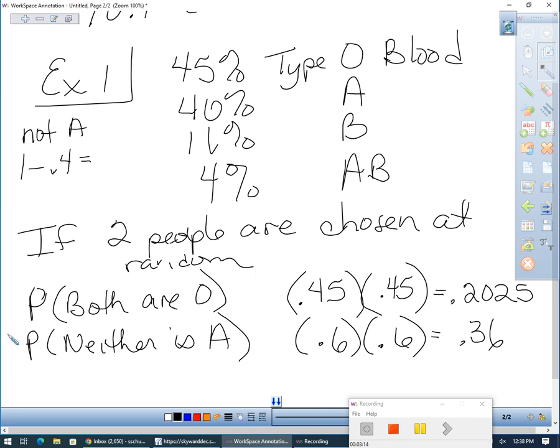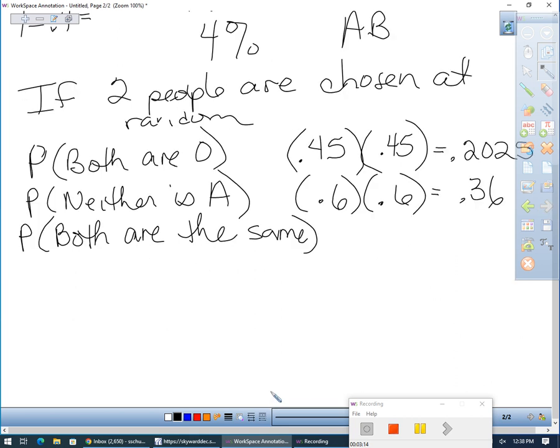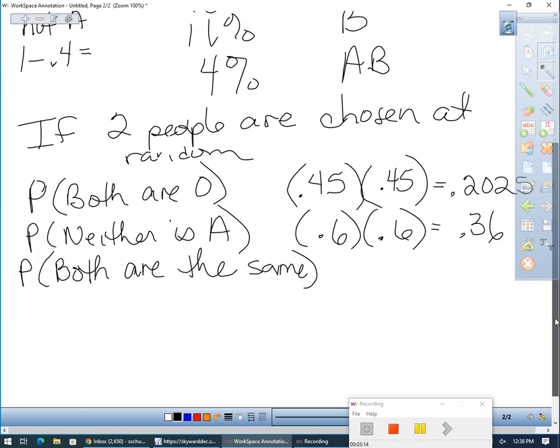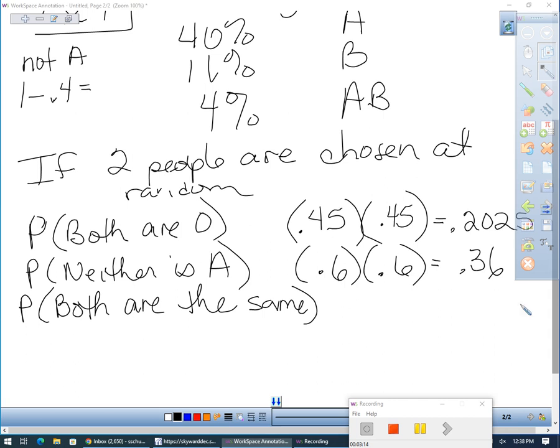Here's one I'm going to make a little bit tougher. What is the probability that both are the same? How do you think we can calculate that both are the same? Maybe they both are O, or they're both A, or they're both B, or they're both AB.